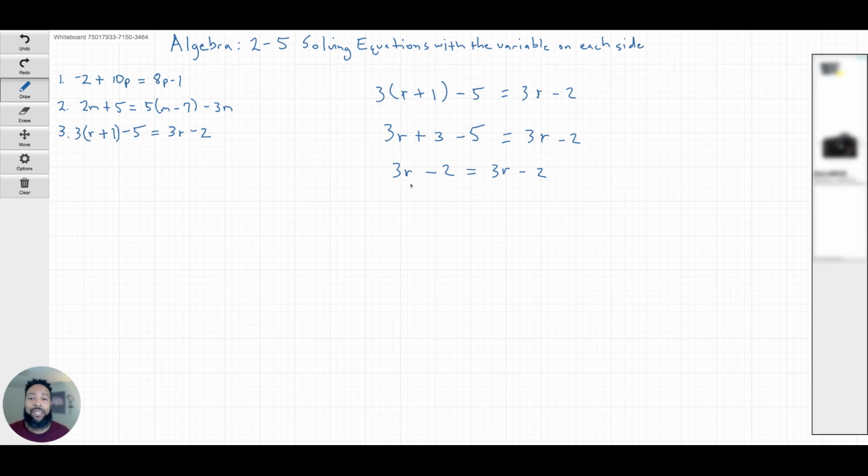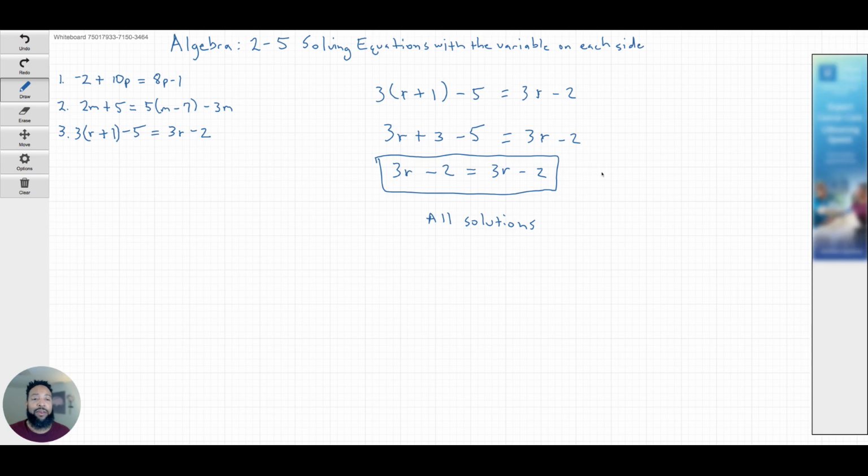In this type of instance, this is telling you that all solutions work, which means if you were to put any number into r on both sides, they're going to equal each other.